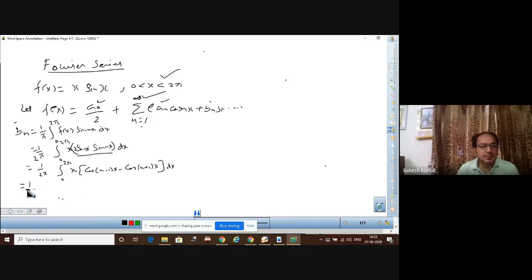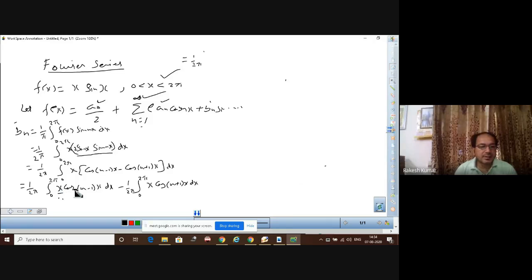And you can write down two separate integrals, that is x cos of (n minus 1)x dx minus 1 over 2 pi, integral from 0 to 2 pi of x cos of (n plus 1)x dx. So these are the two separate integrals which we shall solve now for finding out the value of the third Euler constant. Now let us find out the integration over here.